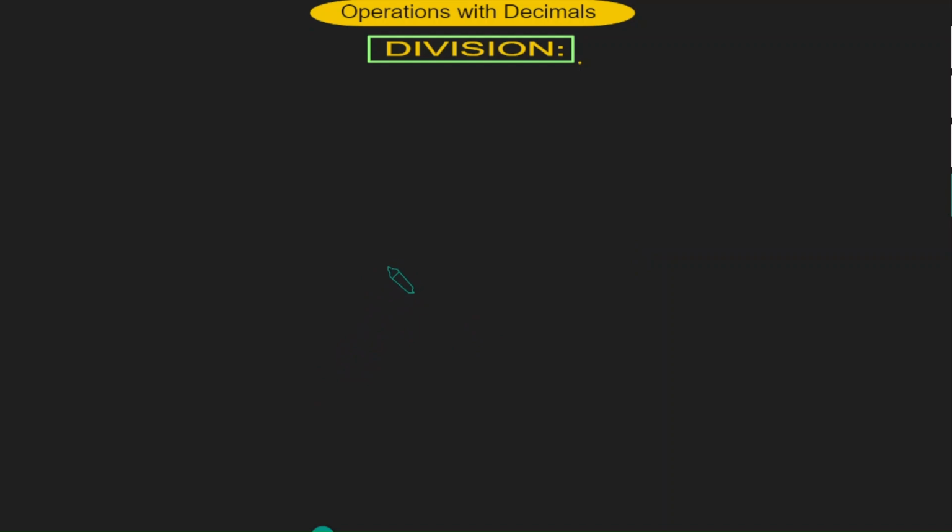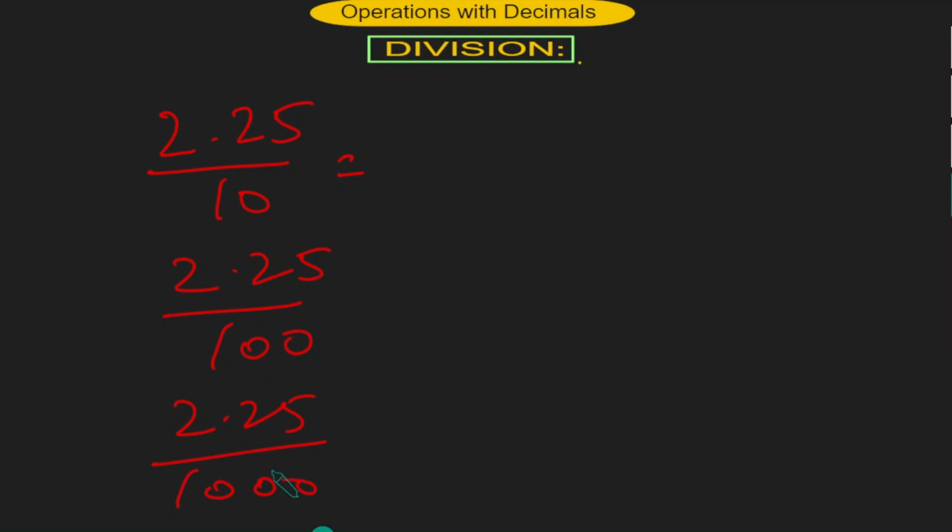Now when it comes to division, let's have some questions on the division part as well. If we divide something by 10 or 100, what happens? Even if we divide the number by 1000, what happens?